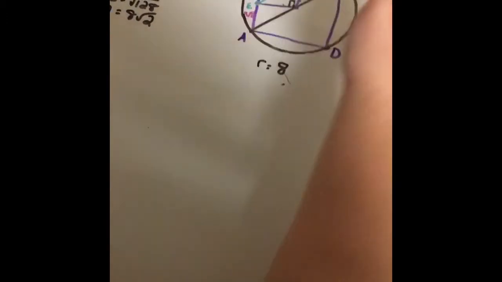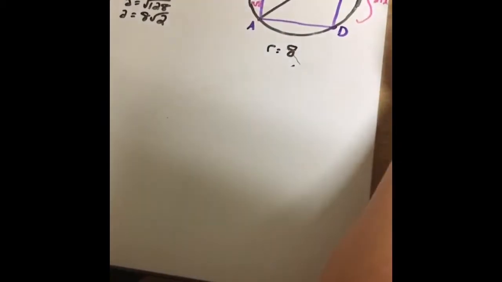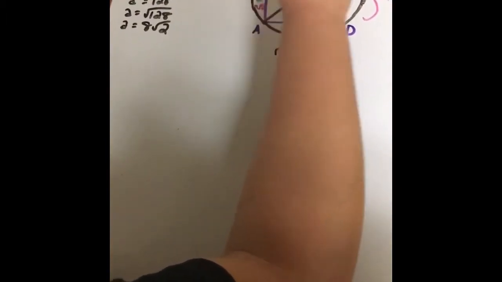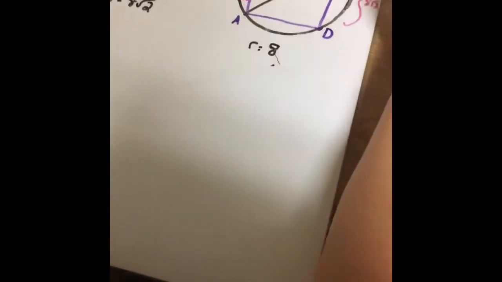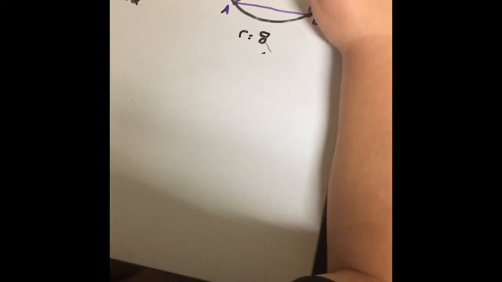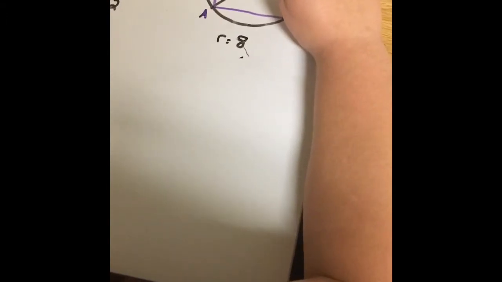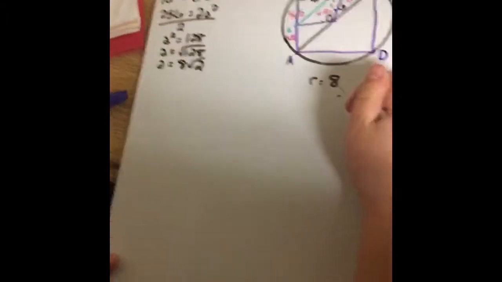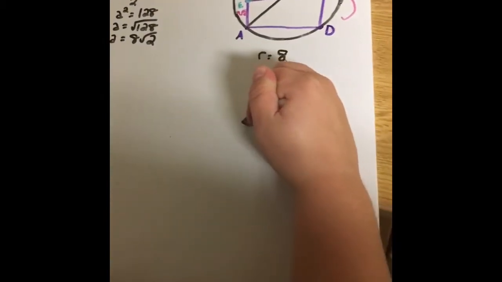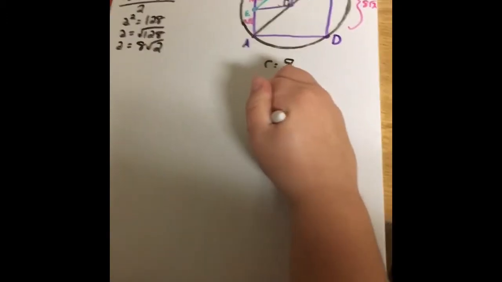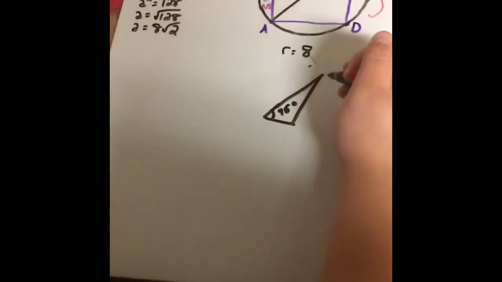Now, since these two legs of this right triangle are equal, we know this is a 45, 45, 90 triangle. So we know that right here is your 90 degrees, and these two angles are 45 degrees. Now, we also know that since this angle is directly across from this angle right here, I'll enlarge this triangle. We know that this angle here is also 45 degrees.